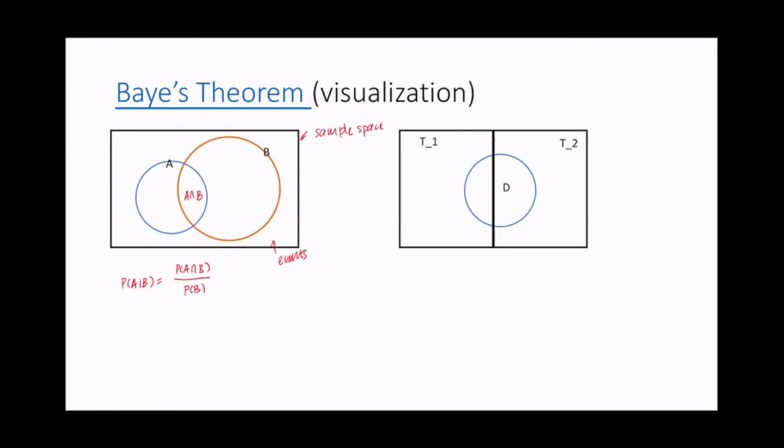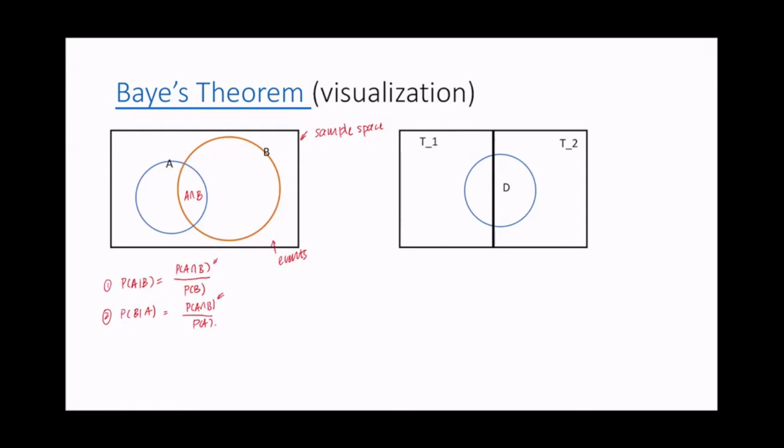Similarly, we can determine the probability of B given A. That would be the probability of the two events occurring divided by event A, which is the portion of A intersect B inside the size of A. From these two equations, equation 1 and equation 2, this part is the same.